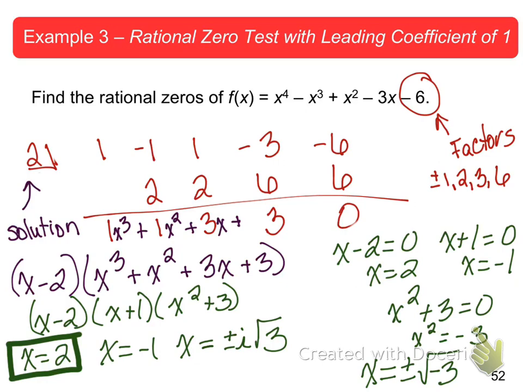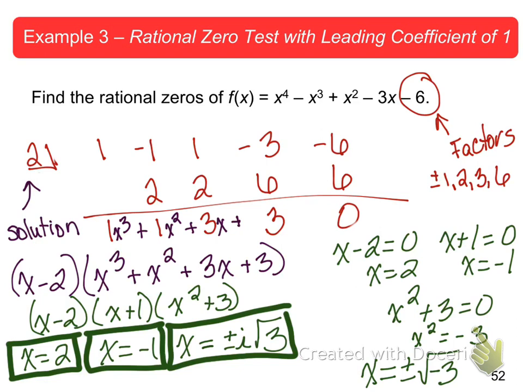X equals 2. Is that real or is that complex? Does it cross the x-axis? Does x equals 2 cross the x-axis? Yes. Does x equals negative 1 cross the x-axis? Yes. Does x equals plus or minus i square root of 3 cross the x-axis?